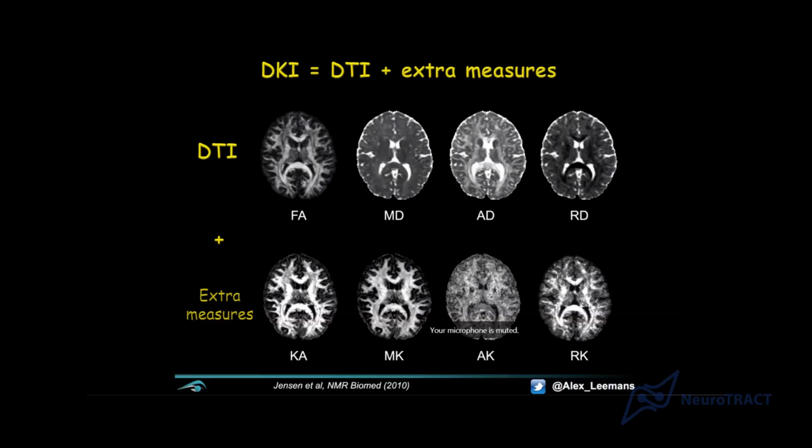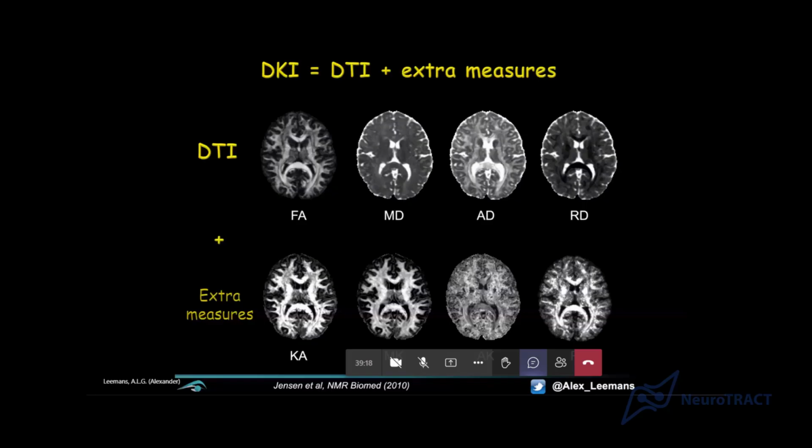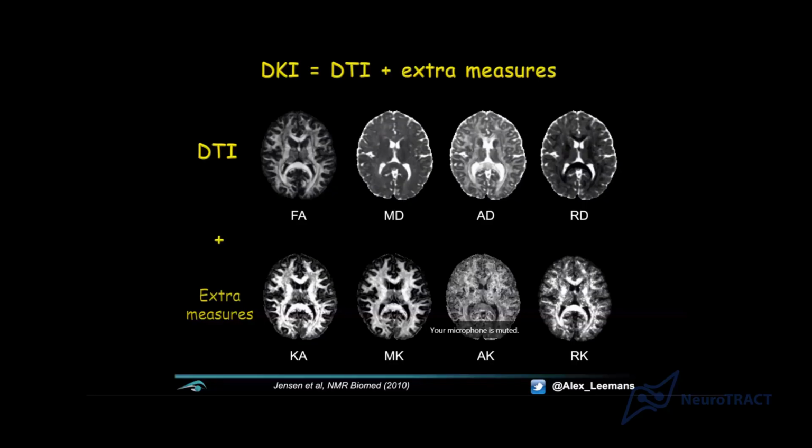Okay, so you get more metrics, and they reflect properties of non-Gaussianity. That's how you should interpret it. So it stays kind of fuzzy, right? With fractional anisotropy, you basically say that's a measure which reflects your degree of preferential diffusion orientation, right?